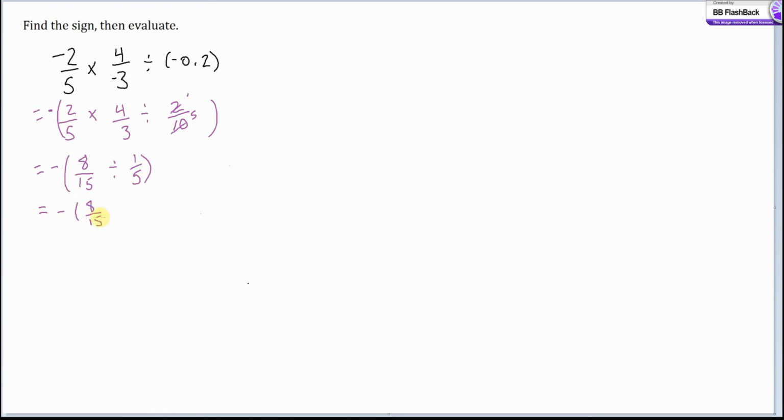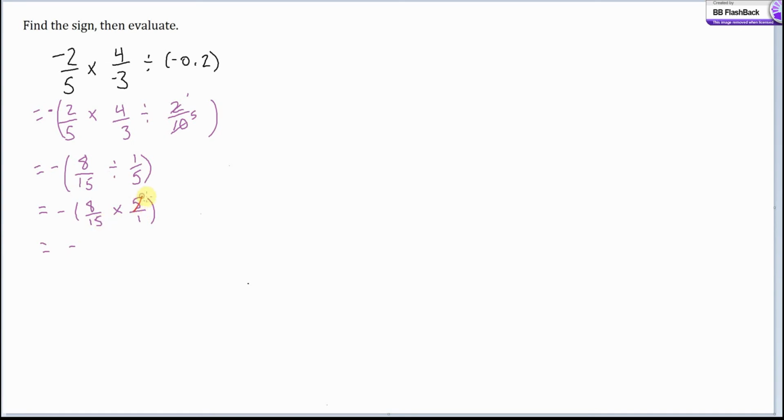When we divide by a fraction, we flip and multiply. Now before we do that, let's try to reduce. It'll make our multiplication easier. I don't like doing big numbers if I don't have to. So I see that 8 and 1, 8 and 15, those things can't really be reduced, but I see that there's a multiple of 5 in the 15 and a multiple of 5 in the 5.